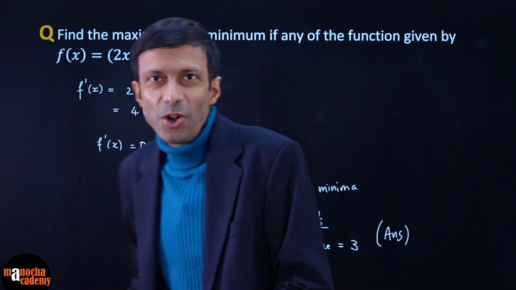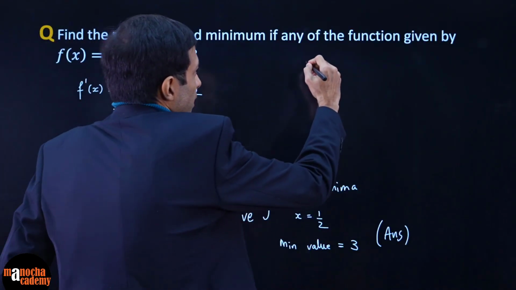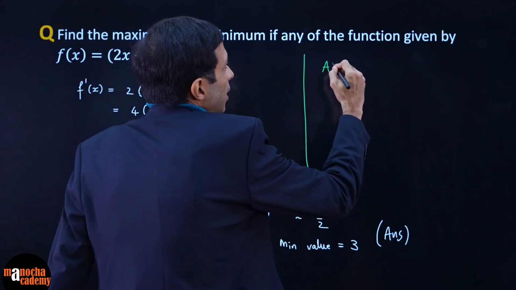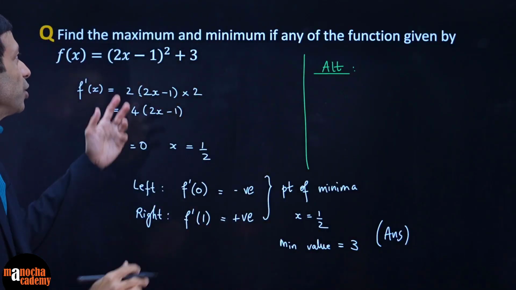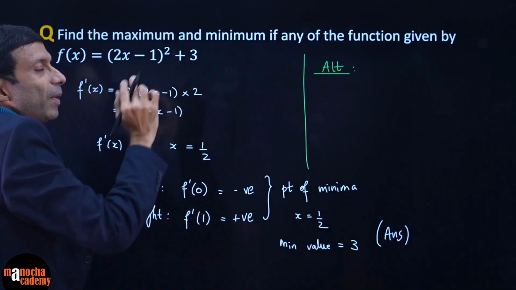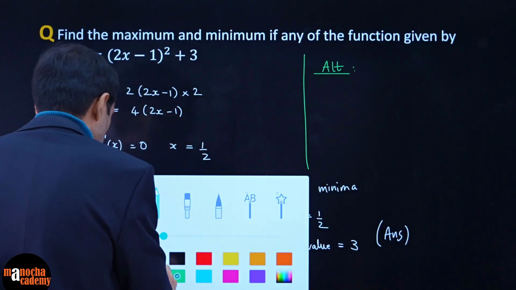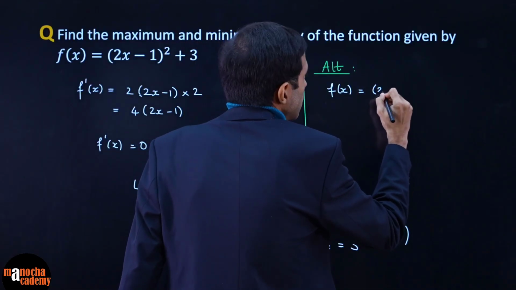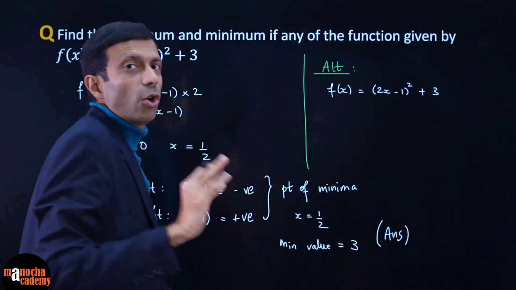So here's another nice alternative shortcut method, even without calculus. Start to get a feel of the functions. Look at this function. This is a perfect square plus 3. This function f(x), which is (2x minus 1) whole square plus 3, you can see this is a whole square.